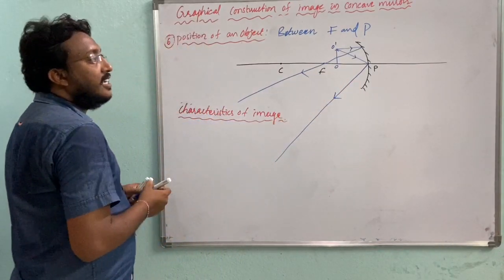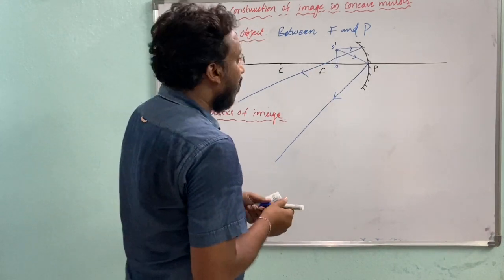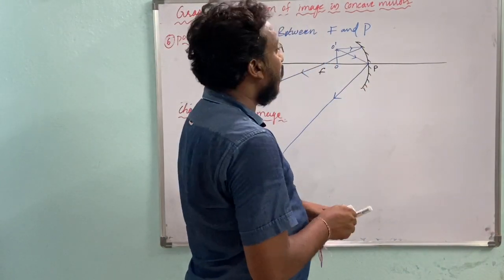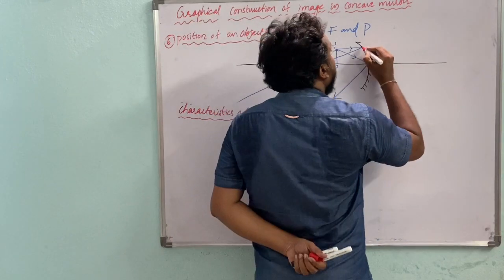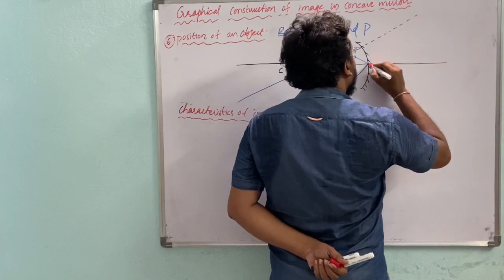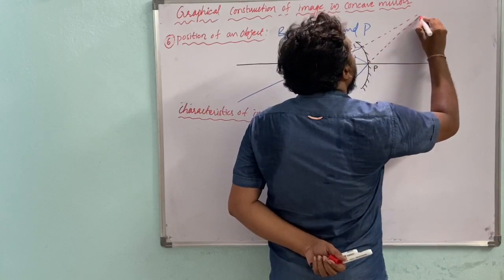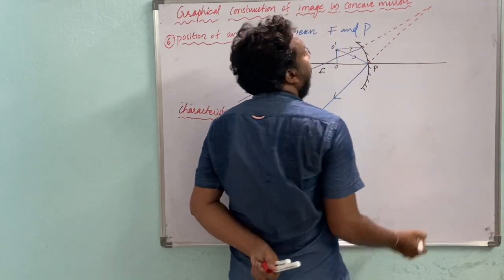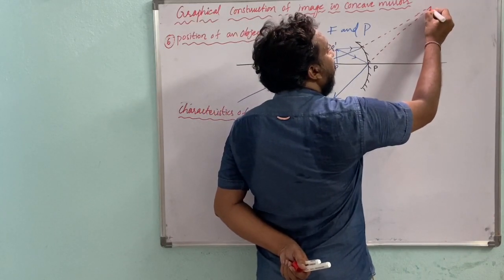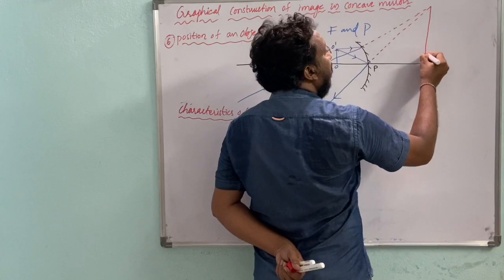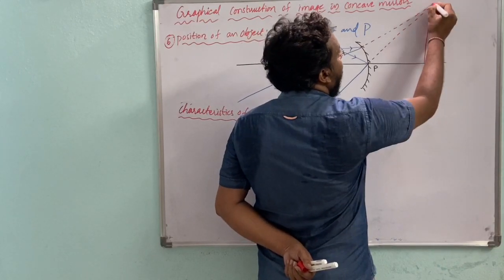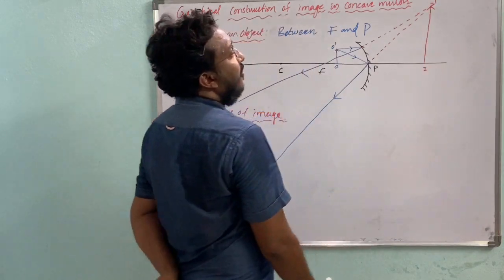In such cases, we have to extend the reflected rays backward until they meet. Then they converge. From that point, we draw the normal to the principal axis. Then this is the image.